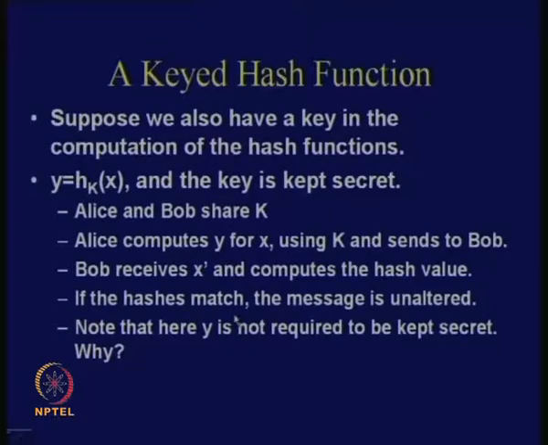And if the hash matches, then the message is unaltered, and at the same time it is also guaranteed that neither the hash value nor the message has been tampered with. Note here that y is not required to be kept secret, and I think you easily understand why, because it's assumed that only the sender and the receiver are in possession of the key.